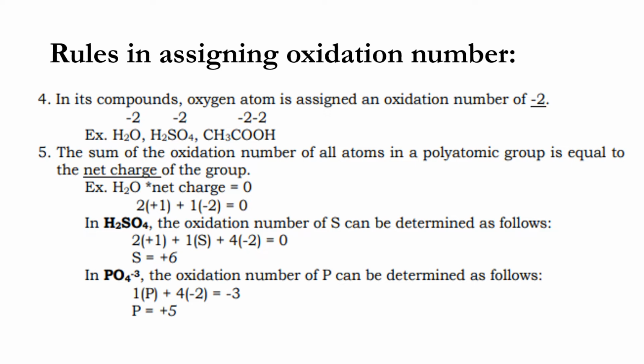We have phosphorus is equal to +5. +5 is taken as we multiply 4 oxygen times -2 oxidation number is -8. Transposing -8 to the right side of the equation, converting it to +8, combining -3 and +8 will have +5. So the oxidation number of phosphorus in phosphate ion with a net charge of -3 is +5.